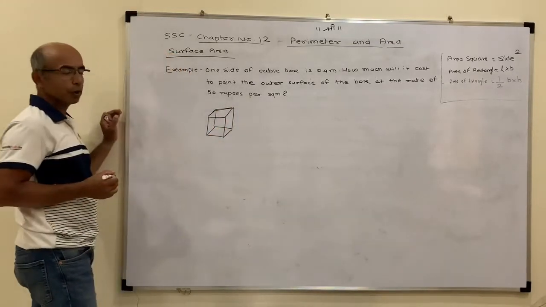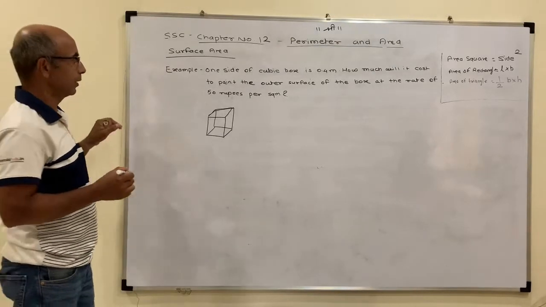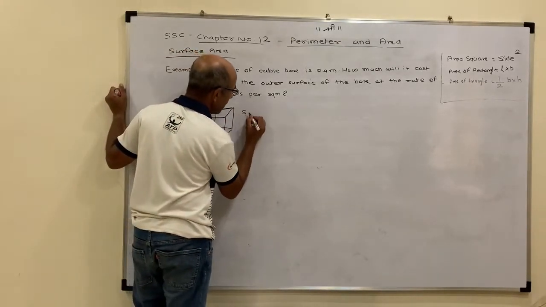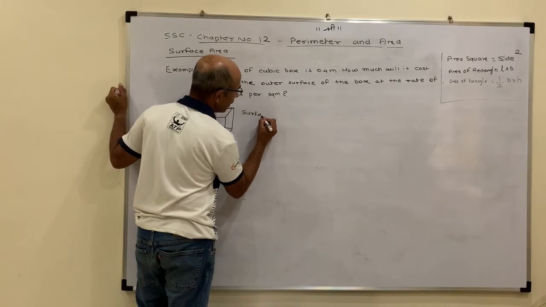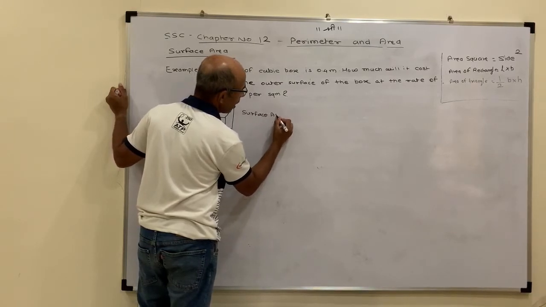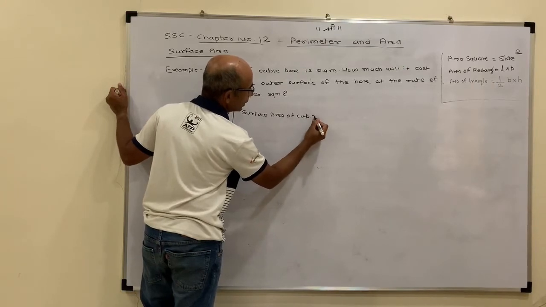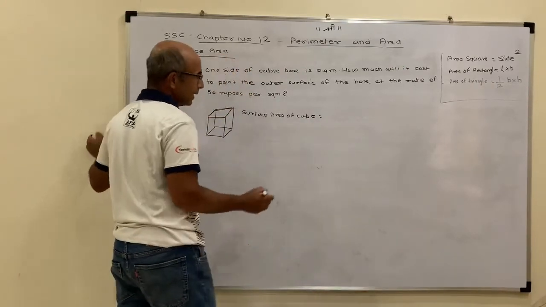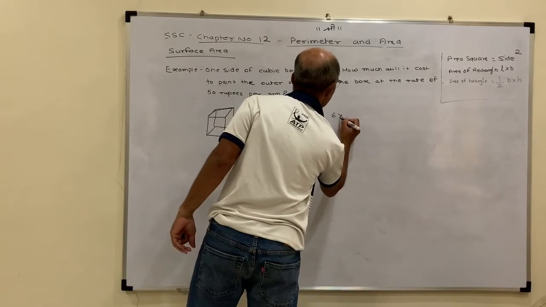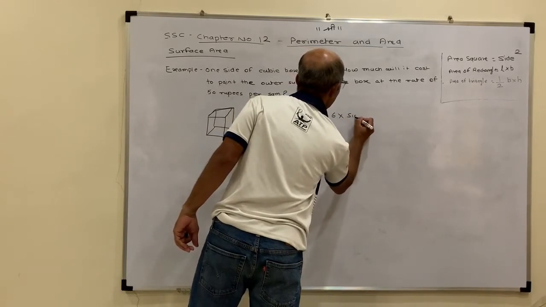The one thing about a cube is all its sides are equal. So my surface area of cube is equal to 6 into side square.